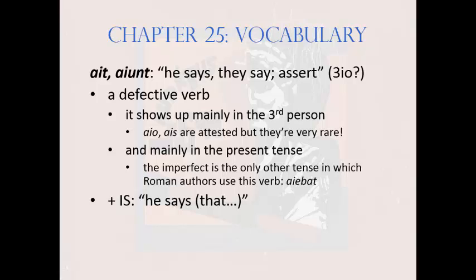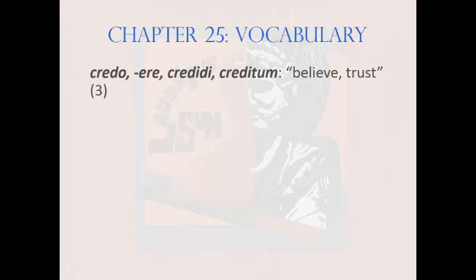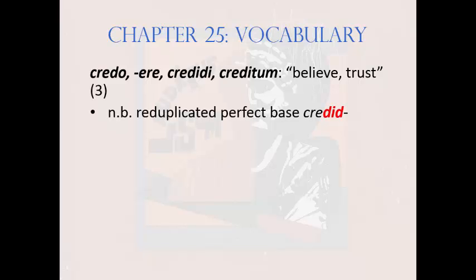He says that. The next word is another verb, credo, credere, credidi, creditum, meaning believe or trust. It's third conjugation. The odd-looking perfect base, credid, is a product of reduplication, like do, dare, dedi, datum, of which credo is probably a compound of some sort.